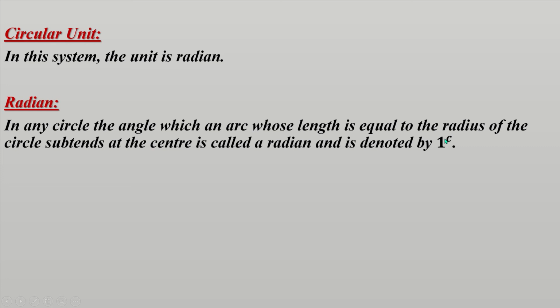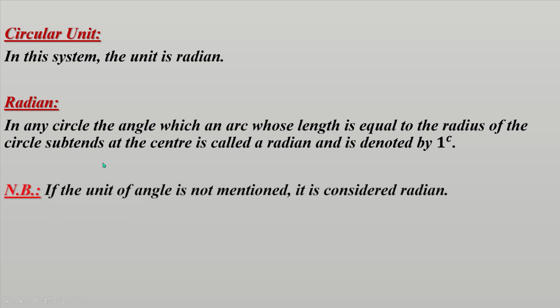That means an arc equal to the radius produces an angle at the center. This is a radian. Clear? You have to remember: if the unit of angle is not mentioned, it is considered radian.